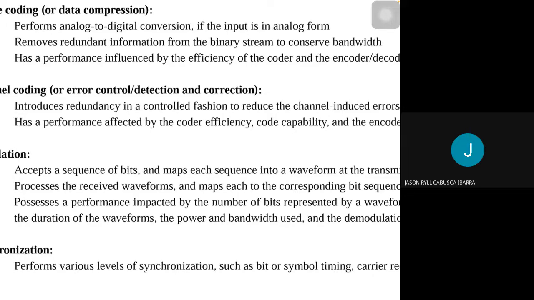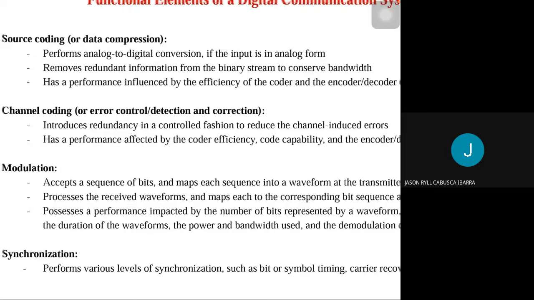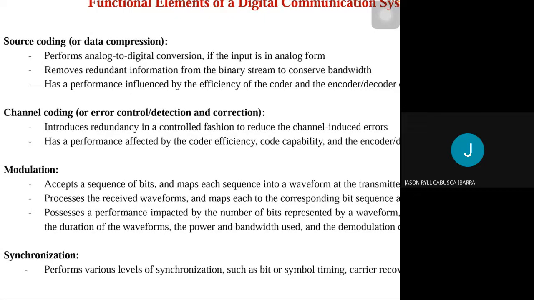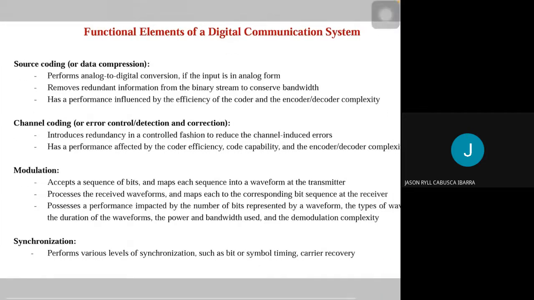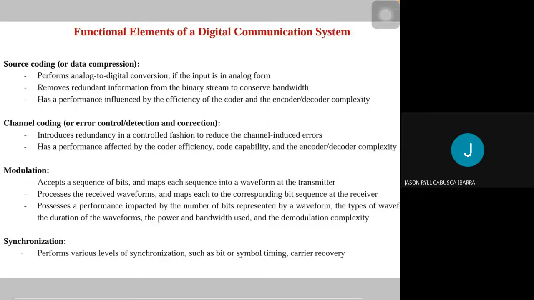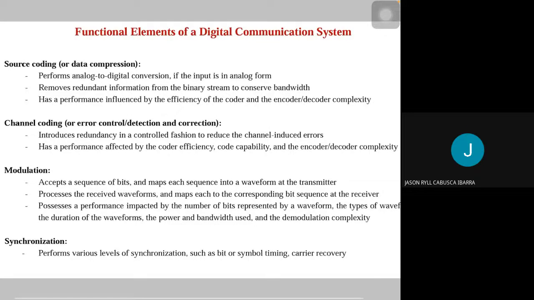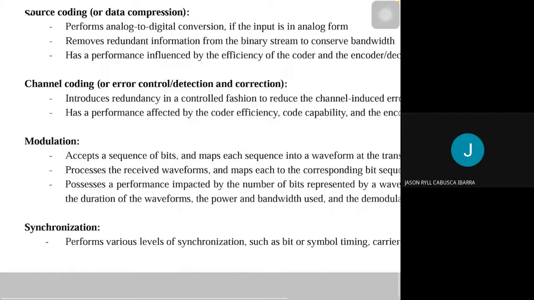So what types of errors and how do we go about doing this? We will learn that soon. Again, its performance is affected by the coder efficiency, coding capability, and encoder-decoder complexity. So these are the differences between source coding and channel coding.